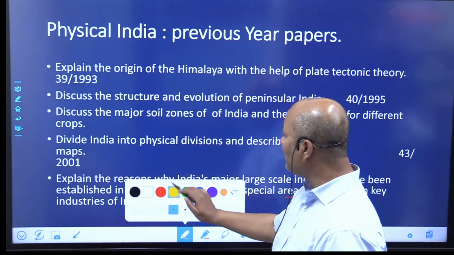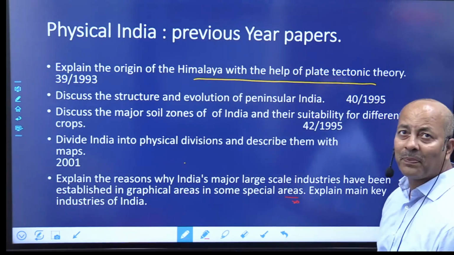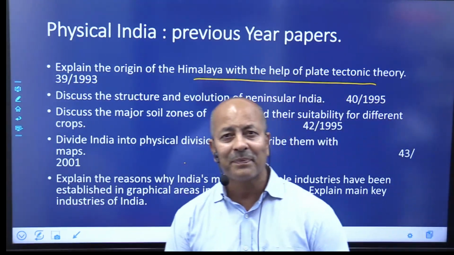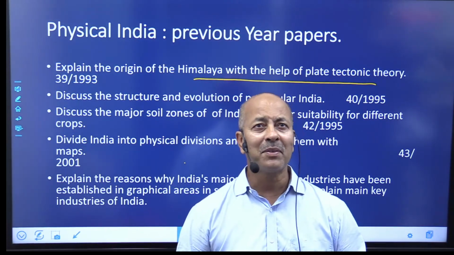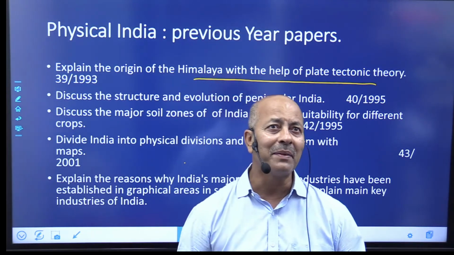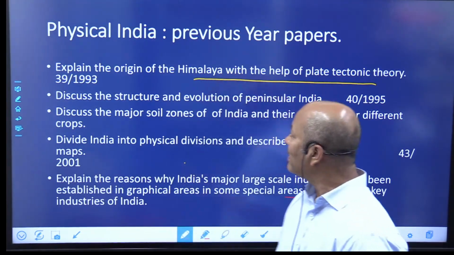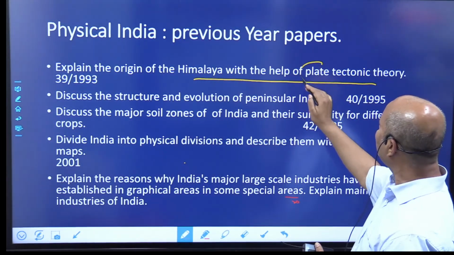The first question we have here is related to physical India, related to the physical features of India. You can say the first chapter of Indian geography. It is the formation of Himalaya by plate tectonics.